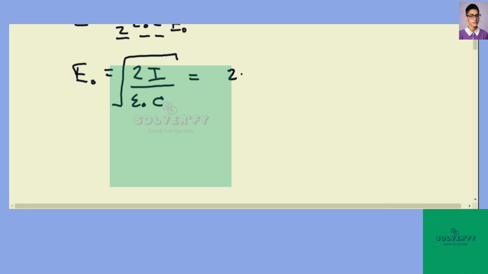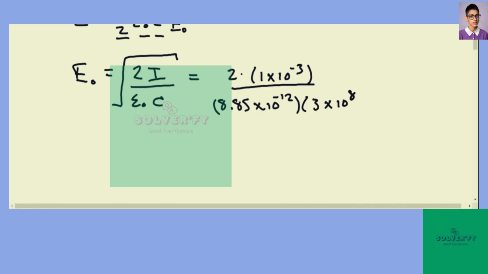Plugging in our numbers, 2 times 1 times 10 to the minus 3 for intensity, which is given in the question, divided by epsilon naught, constant value, 8.85 times 10 to the minus 12, times the speed of light, c, which is 3 times 10 to the 8th, all of that square root.